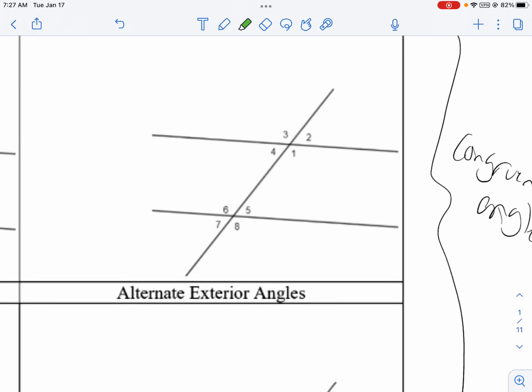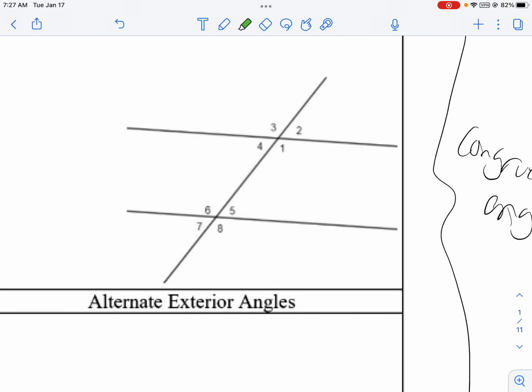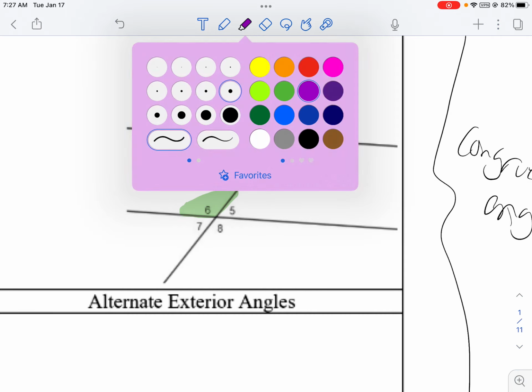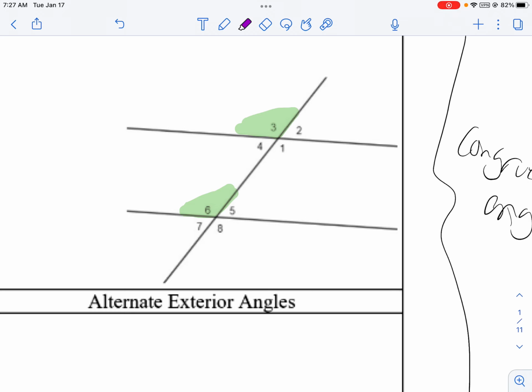An angle is corresponding if it's in the same position, the same area of an angle. For example, angle 3 is in the top left of the intersection between the parallel line and the transversal. At the second parallel line, angle 6 is also in the top left. So angle 3 and angle 6 correspond to each other, and they are congruent, which means they have the same angle measurement.